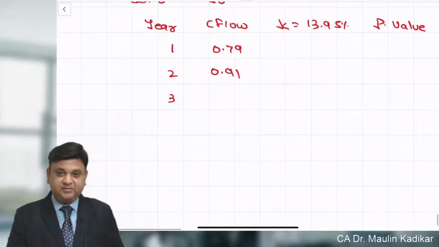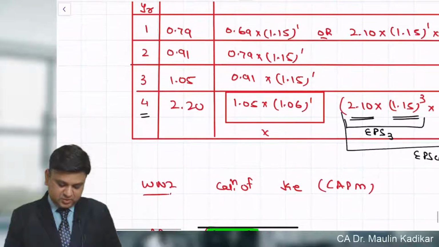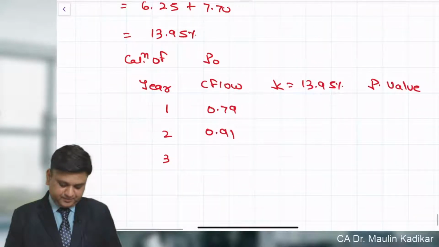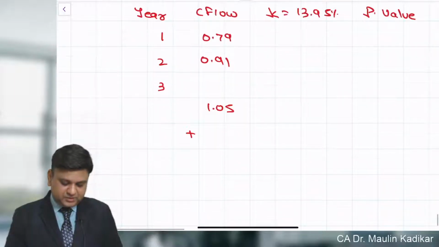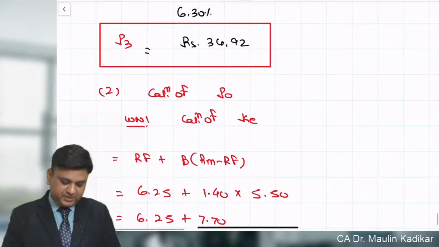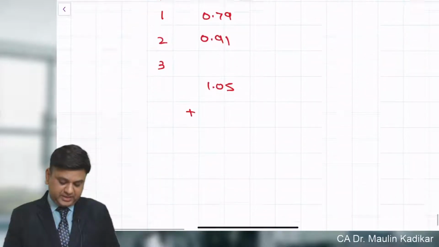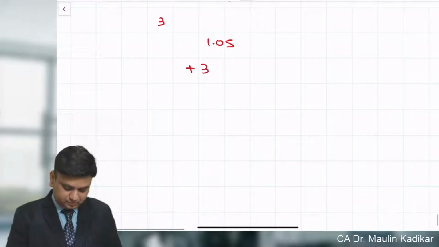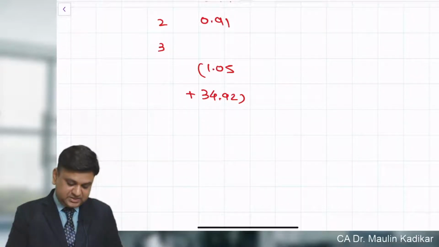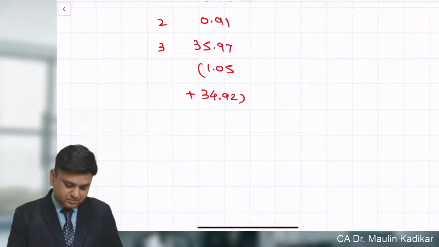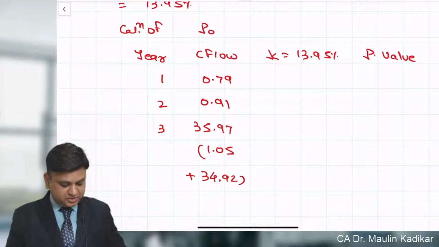Second year it is 91 paise. The third year dividend is 1 rupee 5 paise plus P3. P3 stands for the price of the security at the end of the third year, 34.92. So it is 35.97.